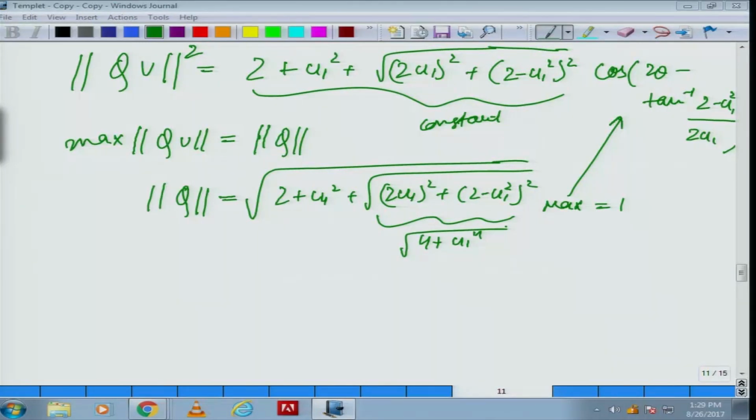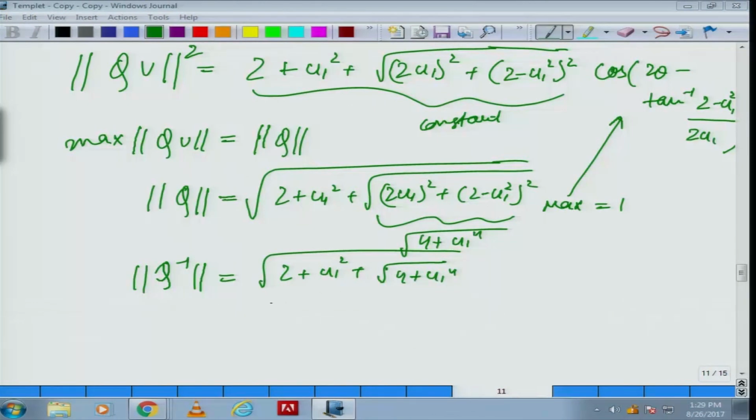Further, we need to find the norm of Q inverse. Following similar steps, I won't exactly solve it, I'll just write the result, which is similar: square root of 4 plus U1 to the power 4 upon 2 U1. So now we have the norm of Q and the norm of Q inverse.